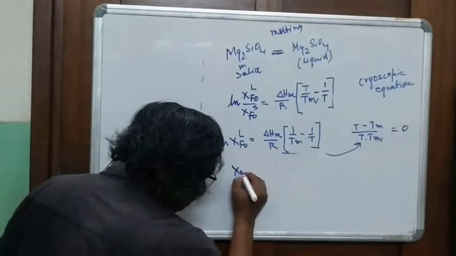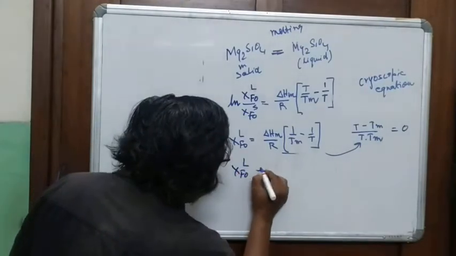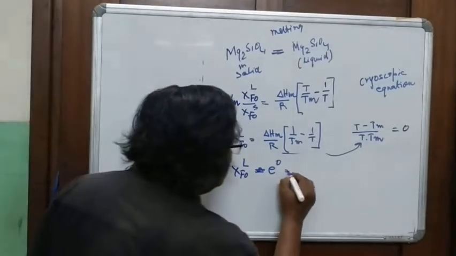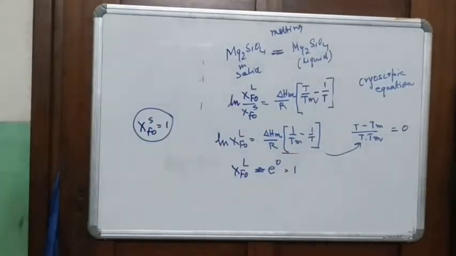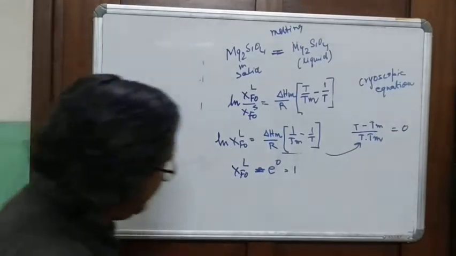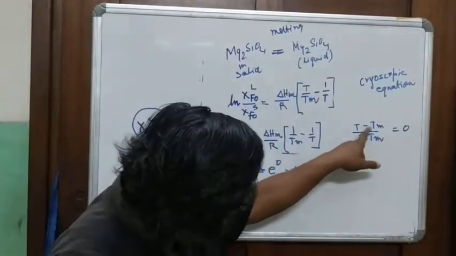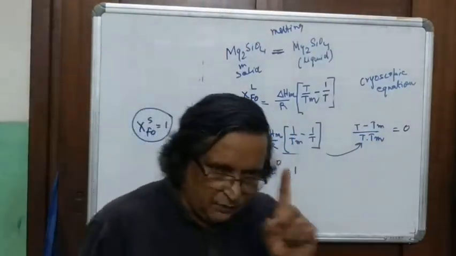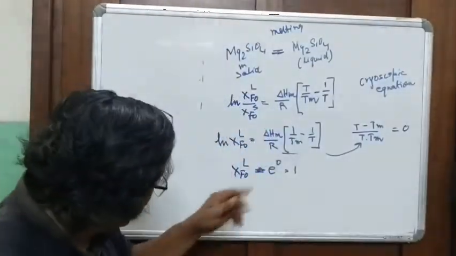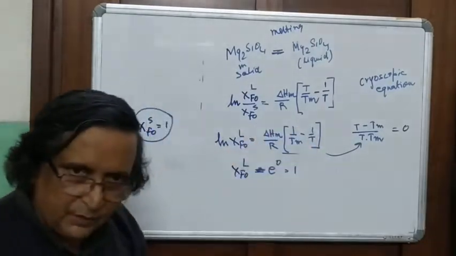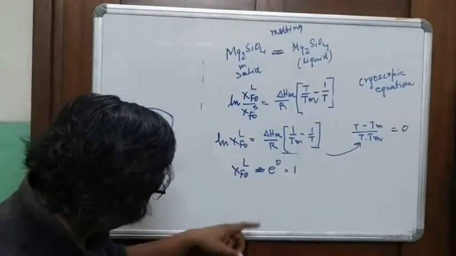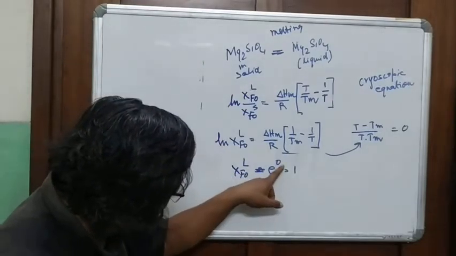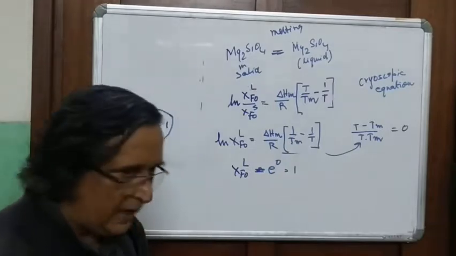Then X forsterite will be equal to e to the power 0, which means 1. Tell me, have you understood? If T is equal to Tm, then this term in the third bracket is equal to 0, which means this whole term is equal to 0. That means X forsterite in the liquid, if you take the logarithm out, should be e to the power 0, and that should be equal to 1.